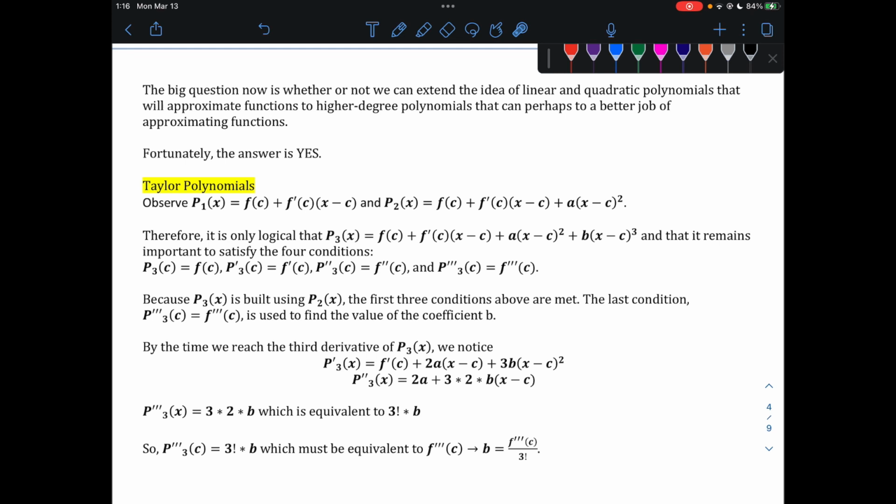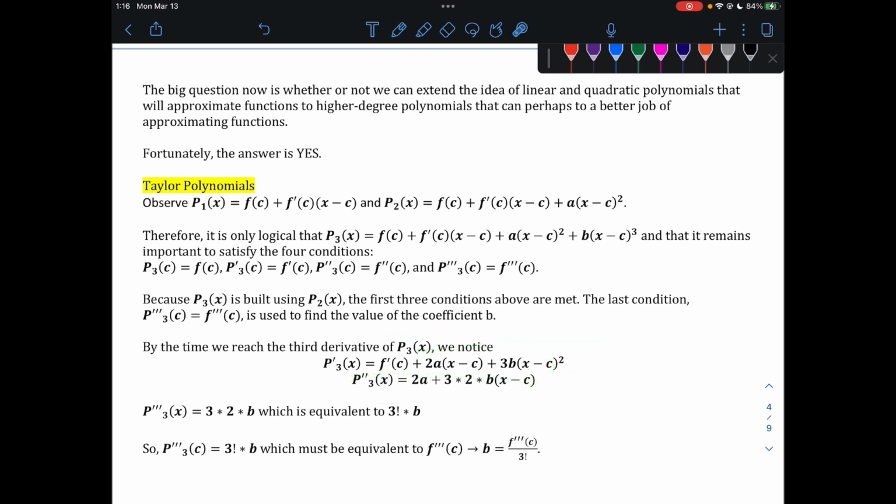And then what would have to be true is that the third derivative of p sub 3 would have to equal f triple prime at that number. Okay, because p sub 3 is built using p sub 2, the first 3 conditions are already met. The last condition, we have to make sure these are equivalent. So we set p prime of c equal to all this, and then p double prime of c equal to all this.